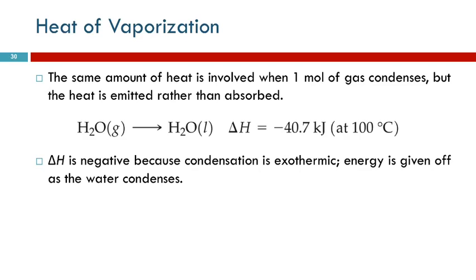You cannot create energy or destroy energy by evaporating and condensing water. It'd be kind of cool if you could, but we can't. What goes in comes out later. Here, delta H is negative because condensation is an exothermic process, and so this is the amount of heat that is released. Okay?